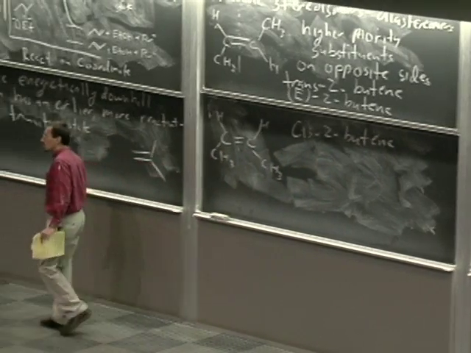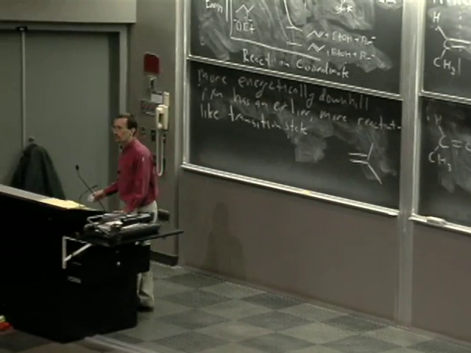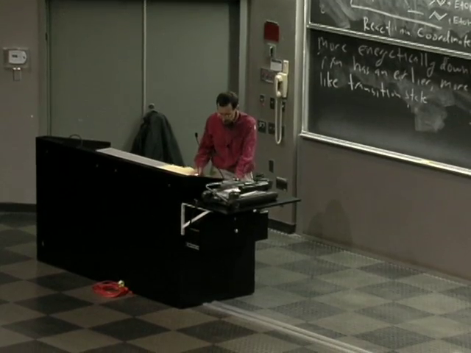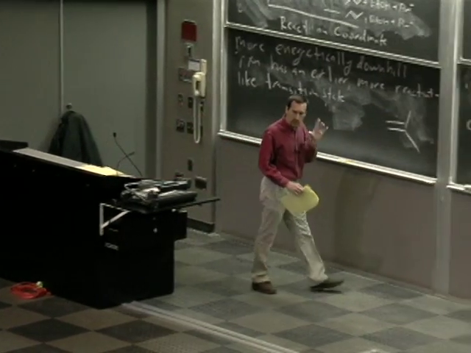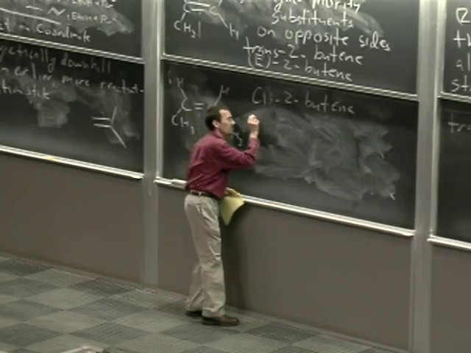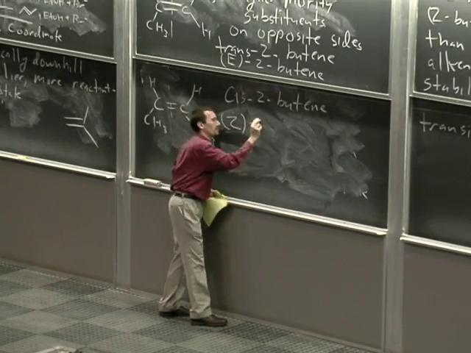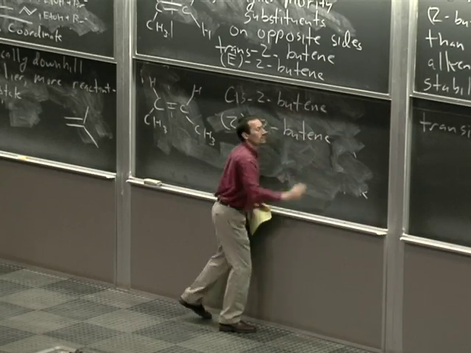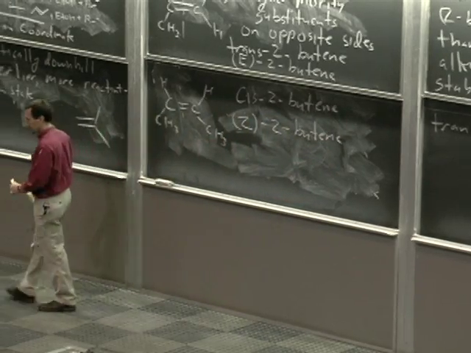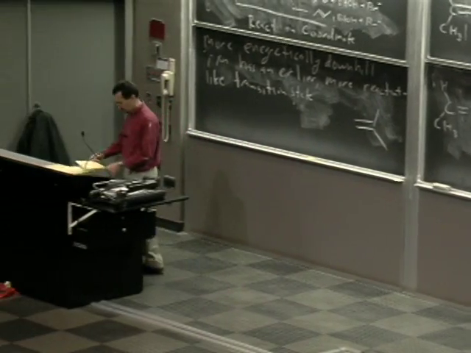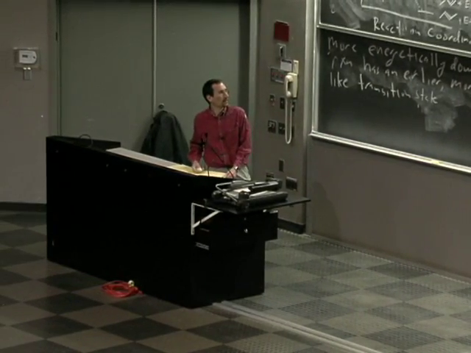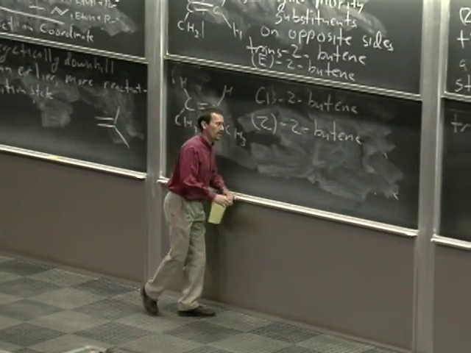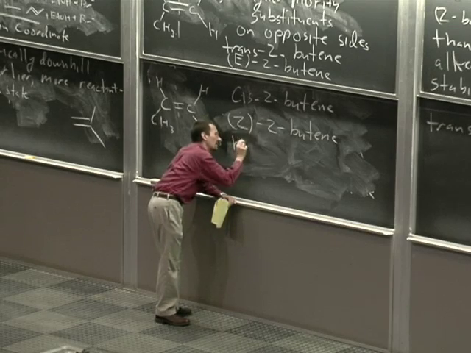And again, the more general descriptor that works with tri- and tetra-substituted alkenes as well is the German Z, which stands for zusammen, or together. So this compound can also be called Z-2-butene. So here I'd say for cis or Z, higher priority substituents on same side.